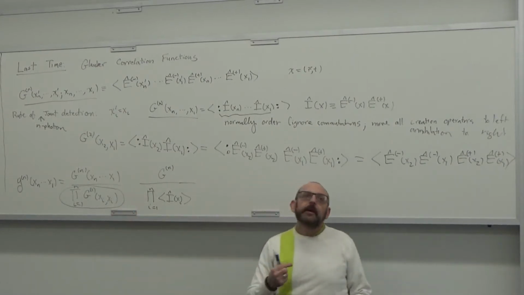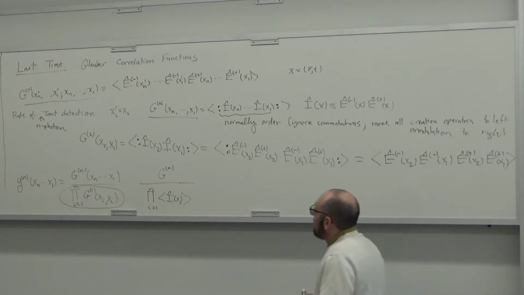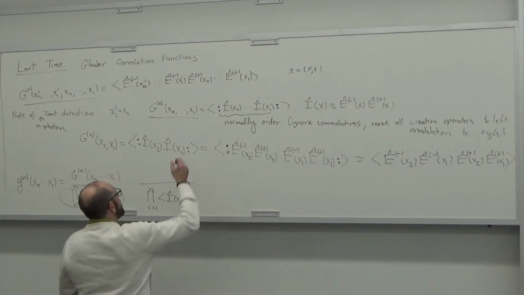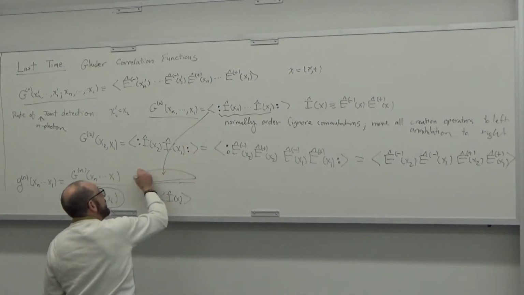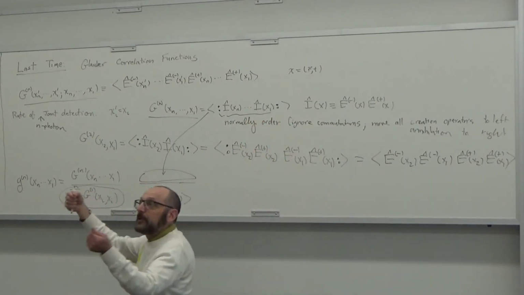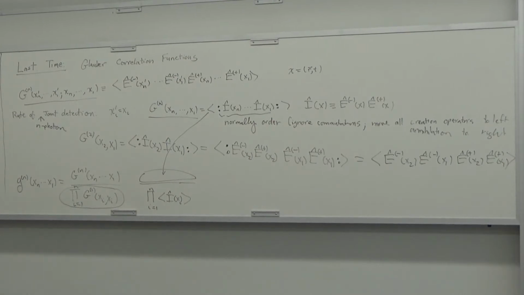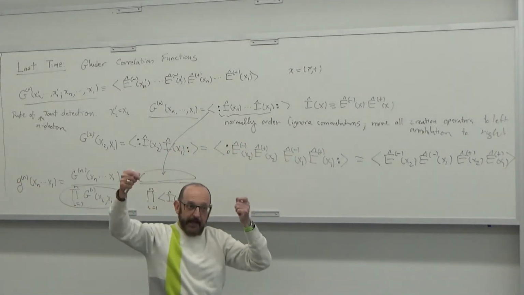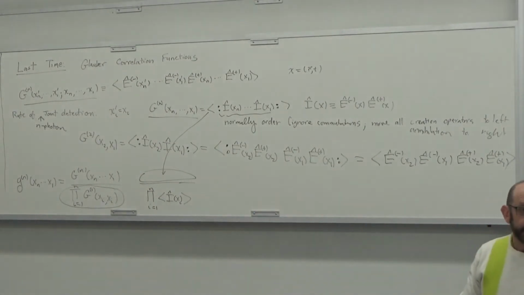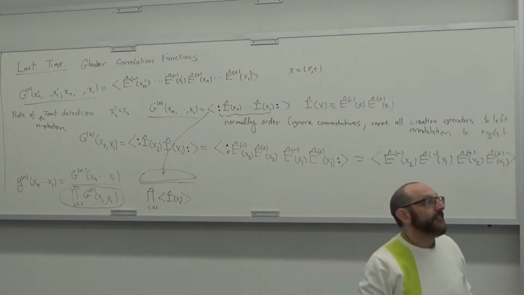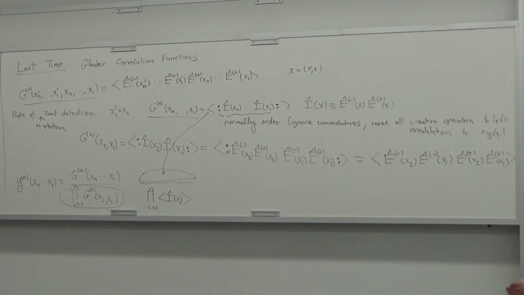And so this represents, this object up top here is the correlation function between the two different intensities, which represents the joint probability, or it's related in some way to the joint probability of detecting n different photons at n different space-time points. The denominator represents the case where those events are uncorrelated.